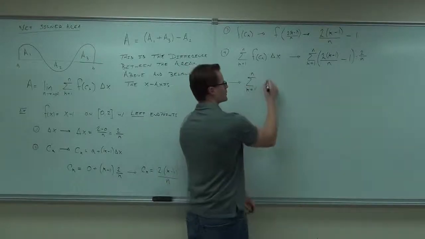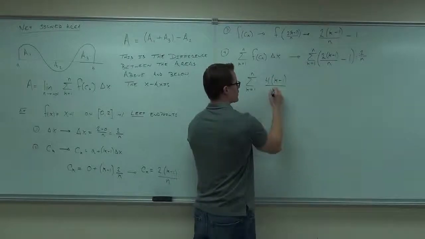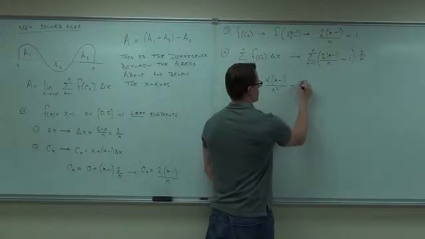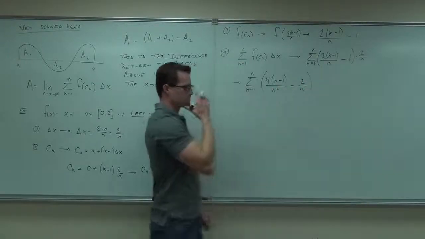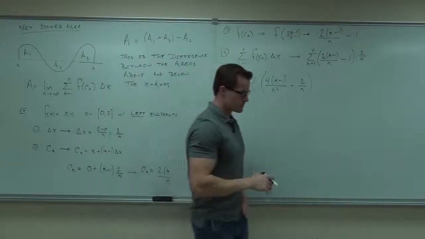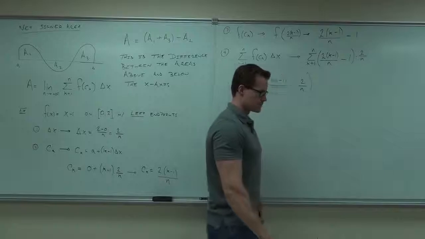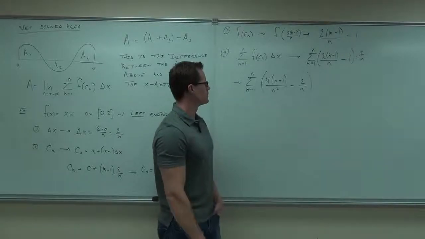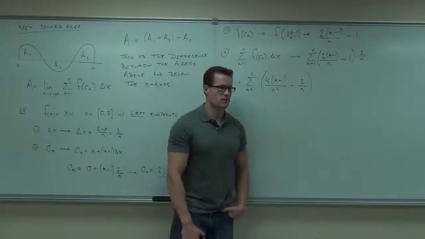stick with me here, folks. 4k minus 1 over n squared minus 2 over n. Are you okay with that?